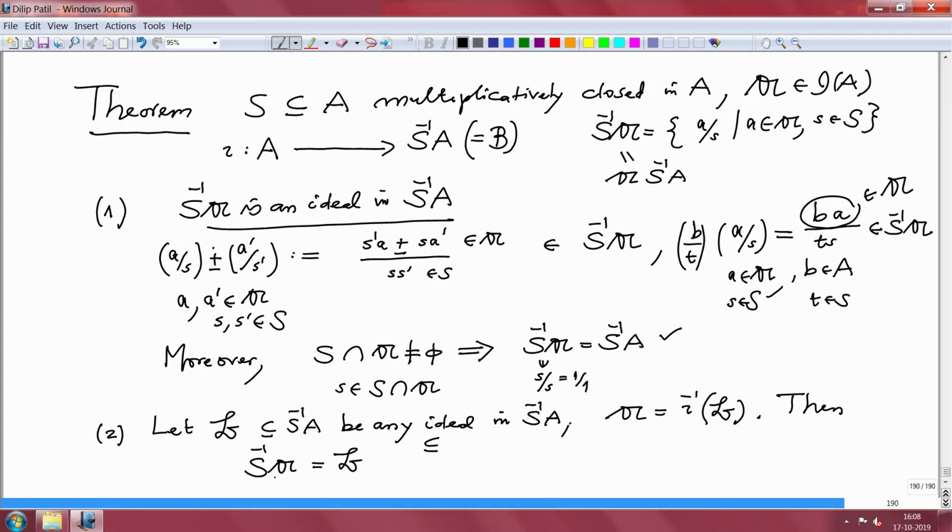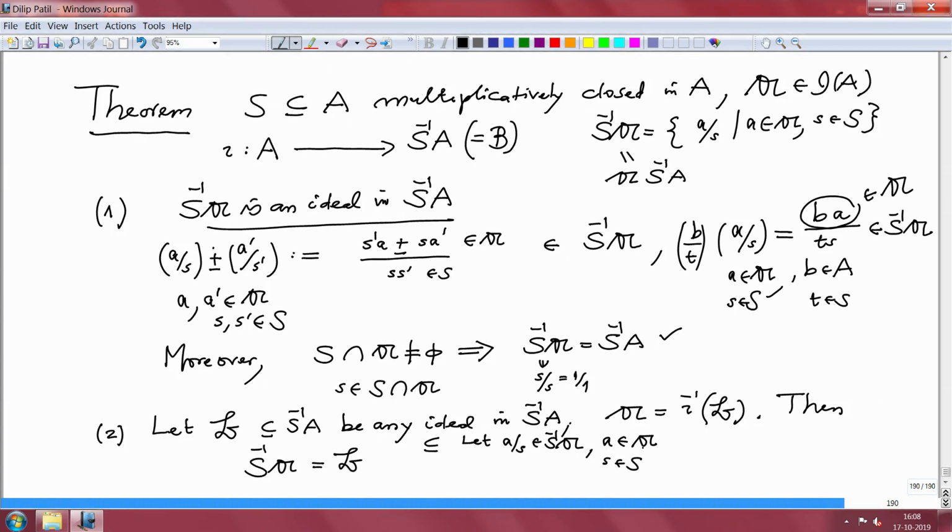It is some A by S. So let A by S be in S inverse A. That means the numerator is in this and the denominator is in S.